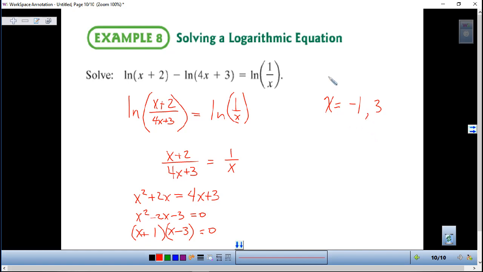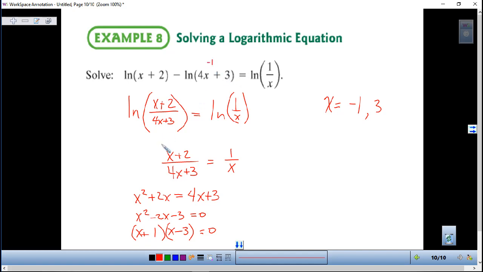Now, we've got to go back up here and check our work, check our solutions. Do they work? And what do we notice? Well, -1 plus 2 is going to give us a positive number, so we're okay there. 4 times -1 gives me -4 plus 3, and my spidey sense is going off right now.